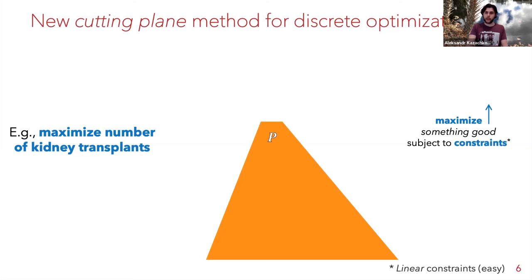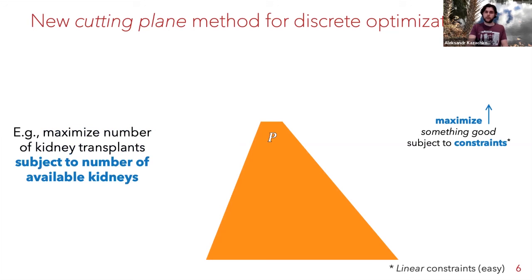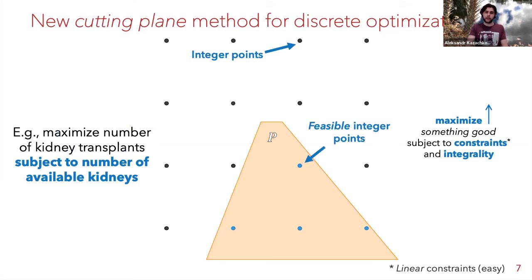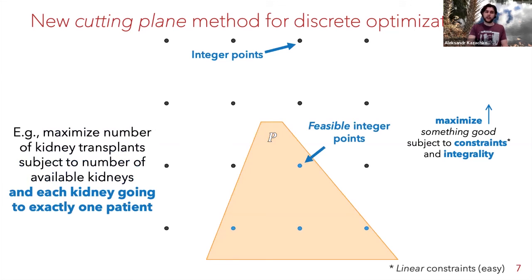But in addition, there are constraints. For example, you have only a limited number of kidneys available, and so that limits your feasible solutions to your optimization problem. And the discrete part of it is that, for example, the kidney cannot be divided into two across different patients. Each kidney has to go to exactly one patient.